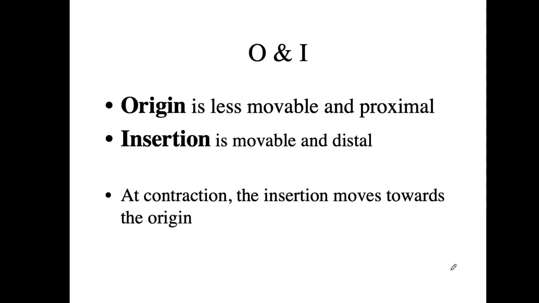So we say that at contraction, when you shorten this muscle, the insertion moves towards the origin. Can you envision that? So right now, stretch out your right arm, let's say, and rest your forearm on the table. Do that. And now we're going to flex. You're going to bring your hand up towards your ear.